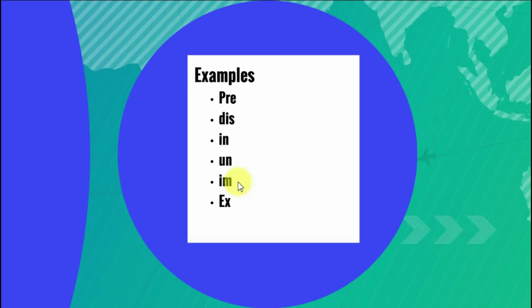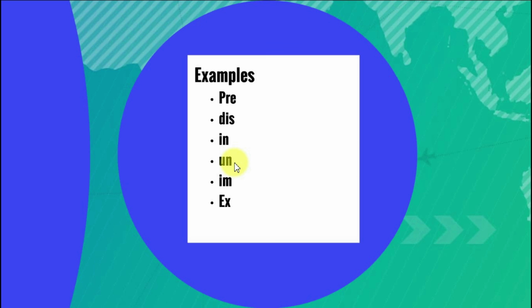We have to understand about free and bound morphemes: a free morpheme is a word that can stand alone, and a bound morpheme is a word that cannot stand alone and have its own meaning. When we join them together, for example, we add dis and like, it means don't like.